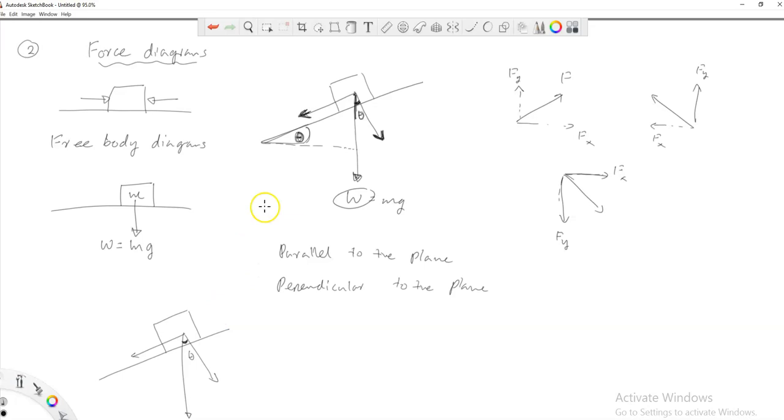So using the angle, I can split this, let's forget this is W, let's just call it mg, into two components. The perpendicular one becomes mg cosine theta. The parallel one becomes mg sine theta.